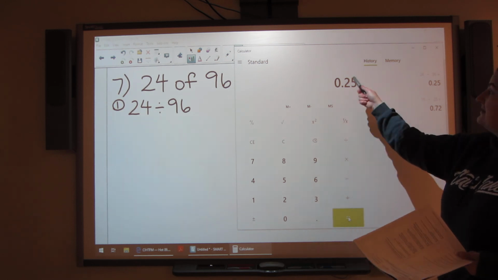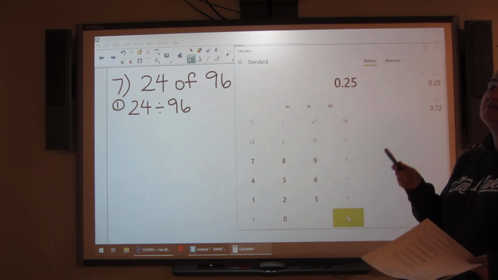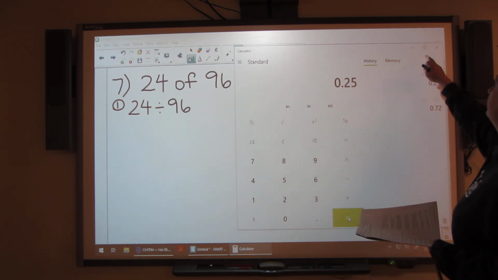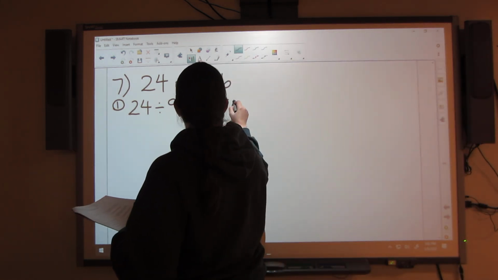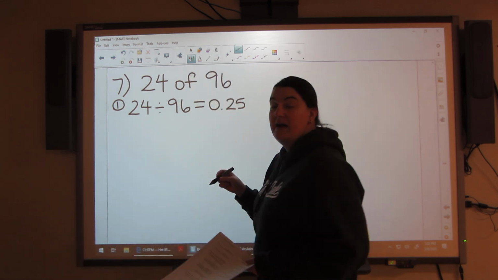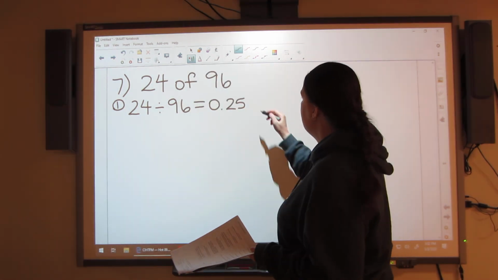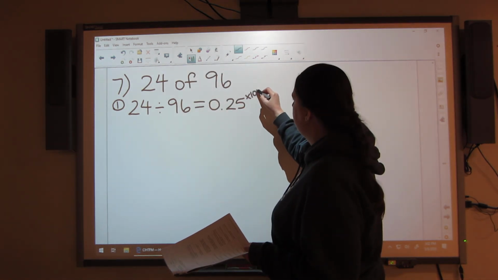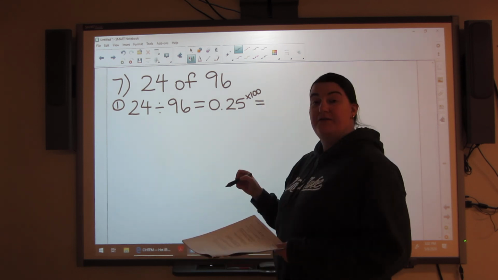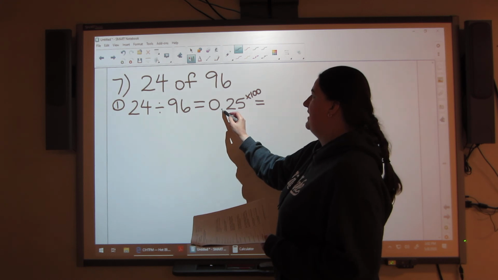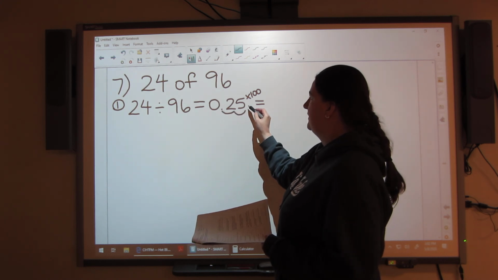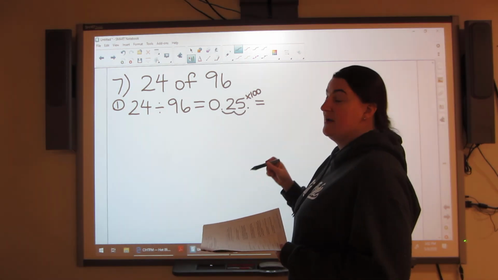This one only has 2 numbers after the decimal, so that means there won't be any rounding. Here comes step 2. You take your decimal and you multiply it by 100 to find out the percent. So when you're multiplying by 100, you move that decimal 2 spots over so that you end up with 25%.